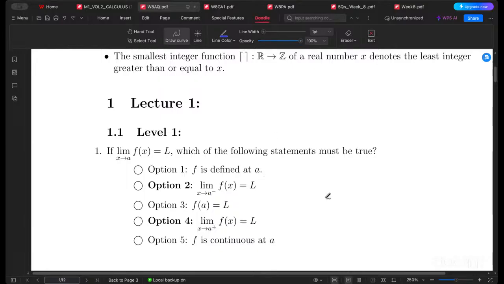It should be defined, right? It's not necessary. Let me give a simple example for you. Let's say you have some function and some point a, and the graph has an open circle at a.